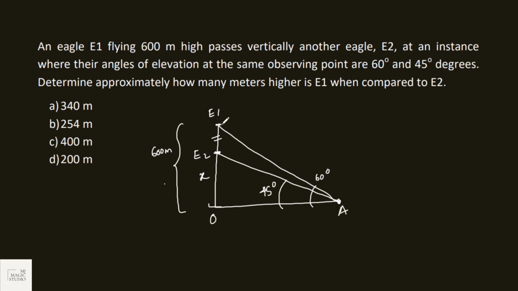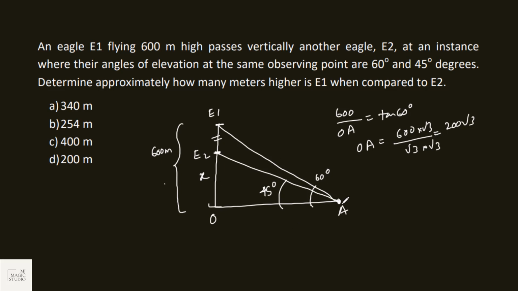Let this be x. We are looking out for this value. Let this be OA. When we look at triangle E1OA, this is 60 degrees. We know that 600 by OA equals tan 60 degrees. That means OA is 600 divided by tan 60 degrees. Tan 60 degrees is root 3, so it is 200 root 3 if I multiply numerator and denominator by root 3.